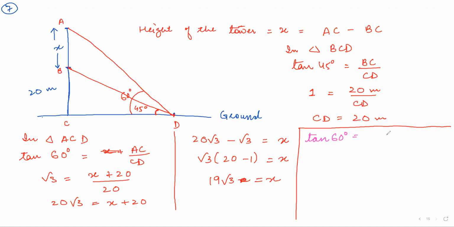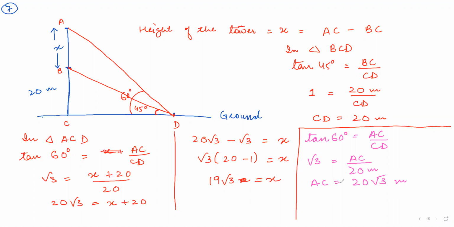Tan of 60 is perpendicular, that means AC divided by base, that is CD. Is this okay? Now tan 60 is root 3 and I want to find the complete length AC. CD I have found, that is 20 meters. So that gives me AC is equal to 20 root 3 meters, right?